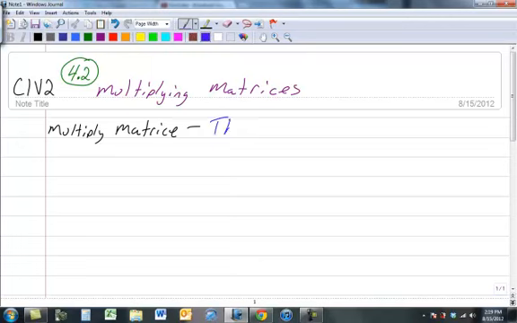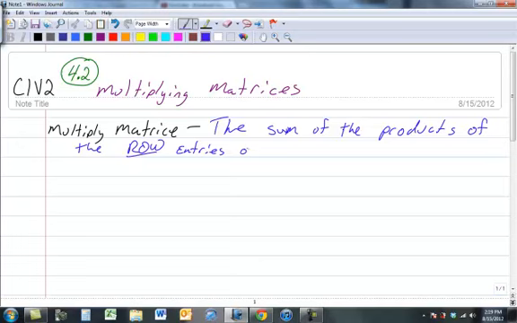Here it is. You ready? Multiplying matrices is the sum of products, the sum of the products of the row entries of the first matrix.